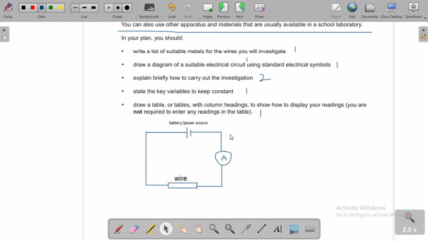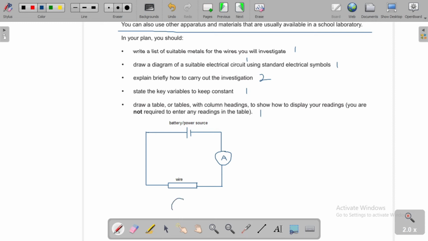Let me make this one smaller too. There's the wire. Now our voltmeter. A voltmeter is usually connected in parallel. So I'm going to connect the voltmeter in parallel to the wire that we want to measure the resistance of.